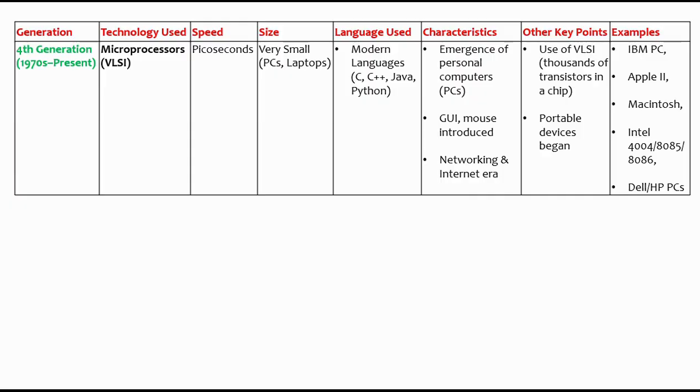Popular programming languages like C, C++, Java, and Python were developed and widely used. Examples from this generation include the IBM PC, Apple II, Macintosh, and microprocessors such as Intel 4004, 8085, and 8086.